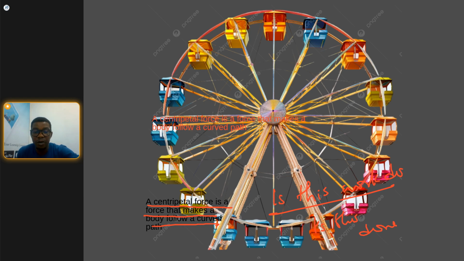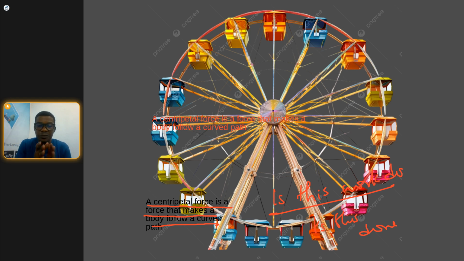This body, the Ferris wheel, is just moving in a curved path, and it's fixed. It's not moving from one distance to the other. There's no displacement. Displacement in physics is the movement from one point to the other.